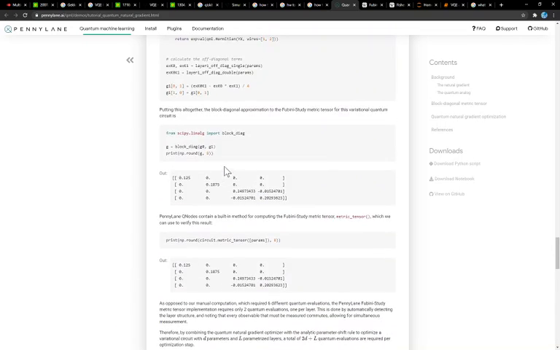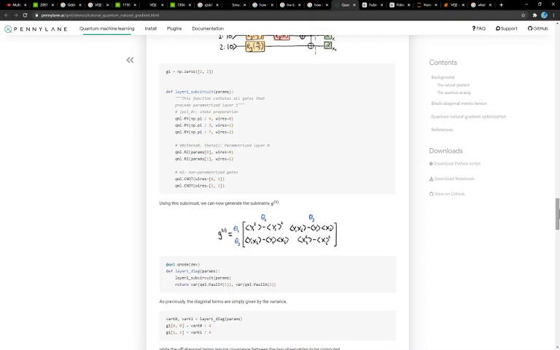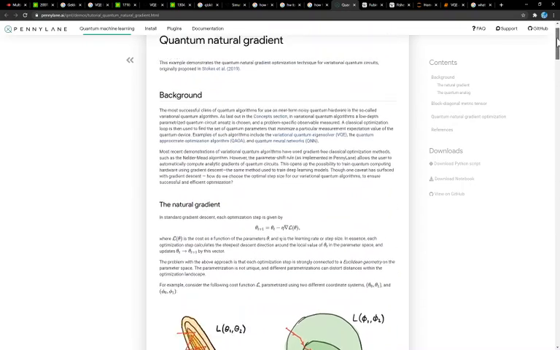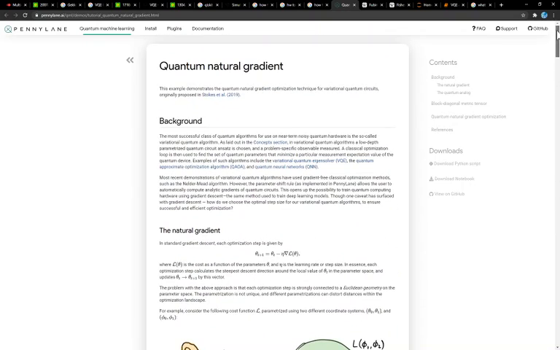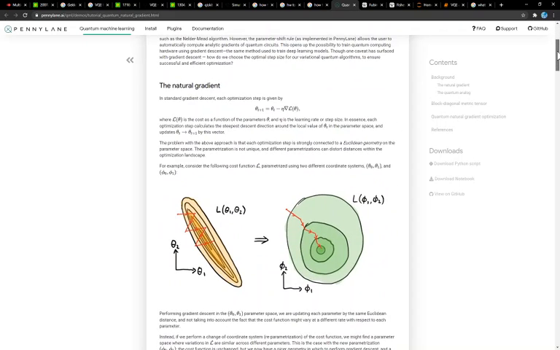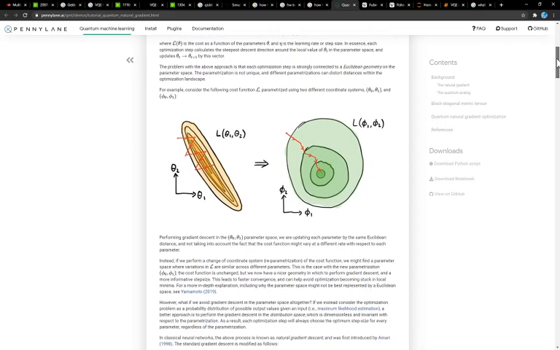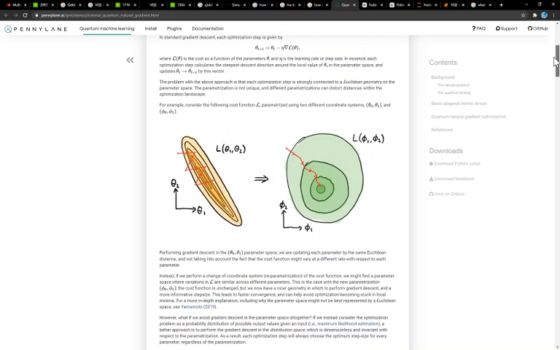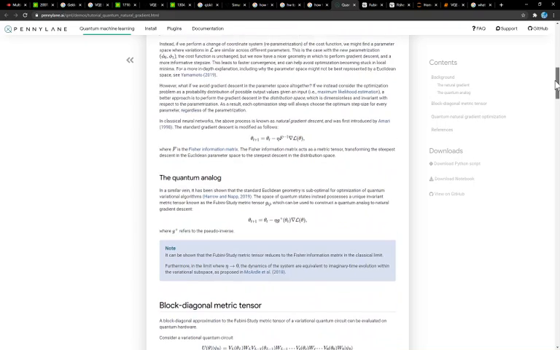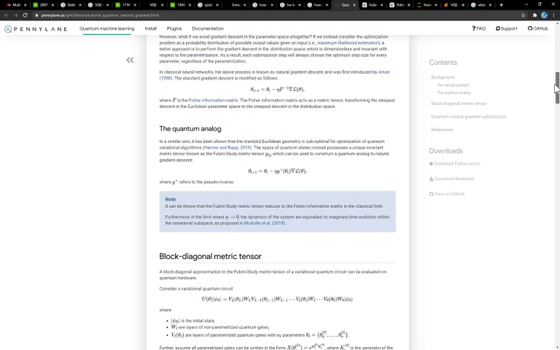Okay, but I had a misconception before. I thought you're calculating somehow the descent within the circuit.